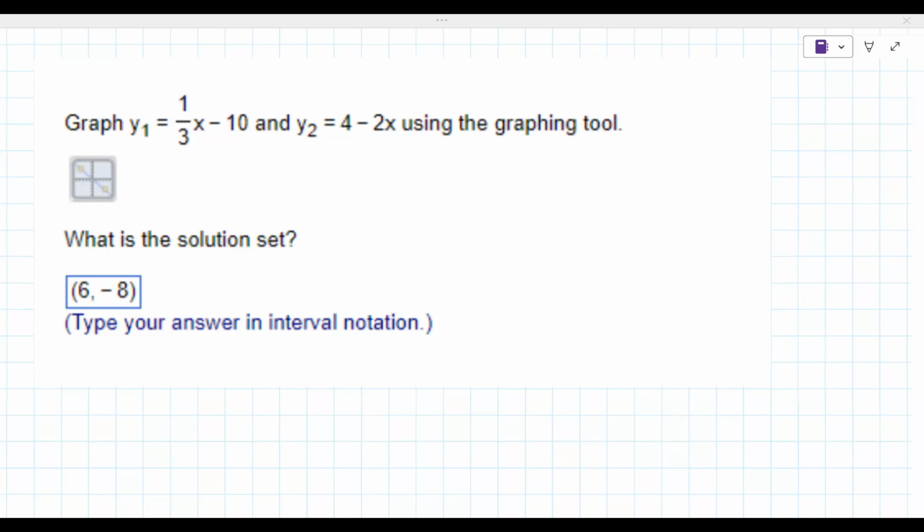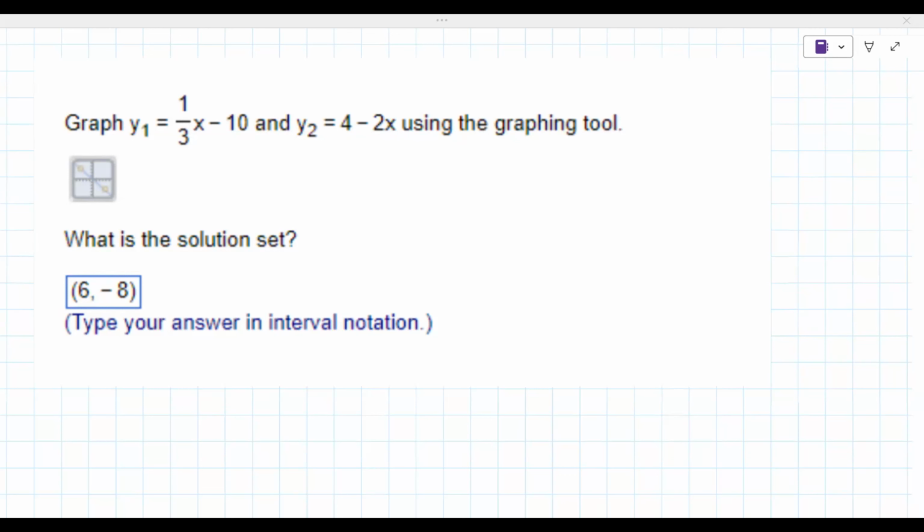Let me just graph these on my side and then you can decide what you want to do with them afterward. I just need someone to check my work because I graphed it and I'm supposed to find the intersection and that was the intersection point.